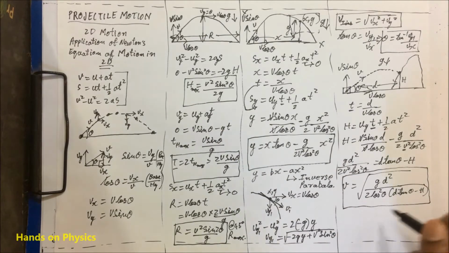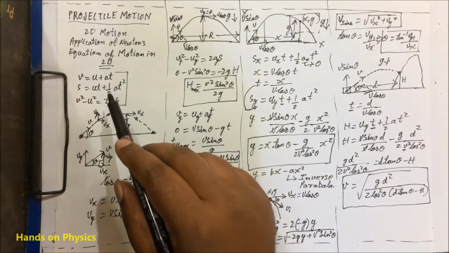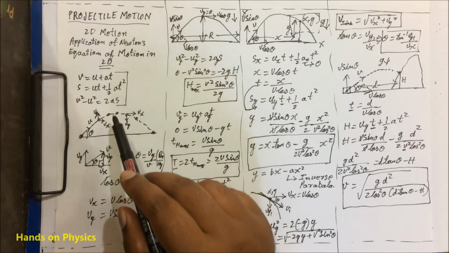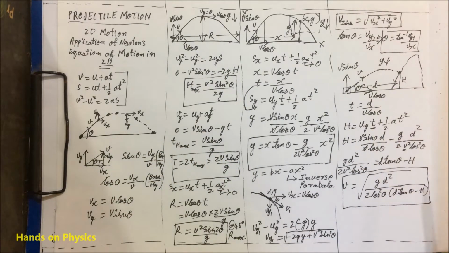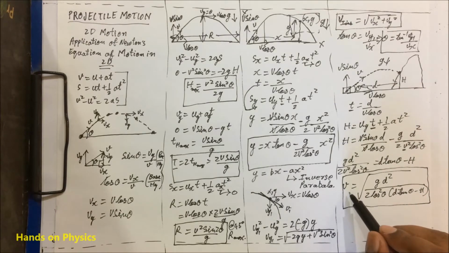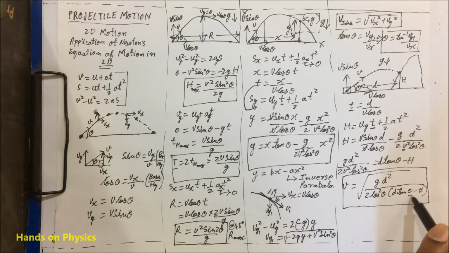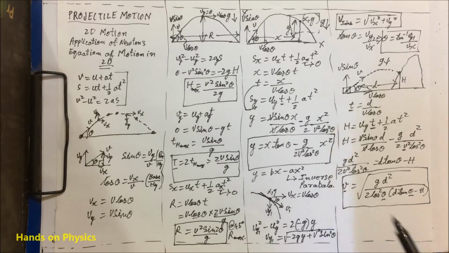So you need not remember this equation or even any of these equations. Why I'm doing this is to show how you can apply Newton's simple equations in one dimension to a two-dimensional problem. Now from here you can see that for any given value of theta, there is a certain velocity. So if you change the angle theta, there will be a different velocity, and of course this problem can have different solutions.